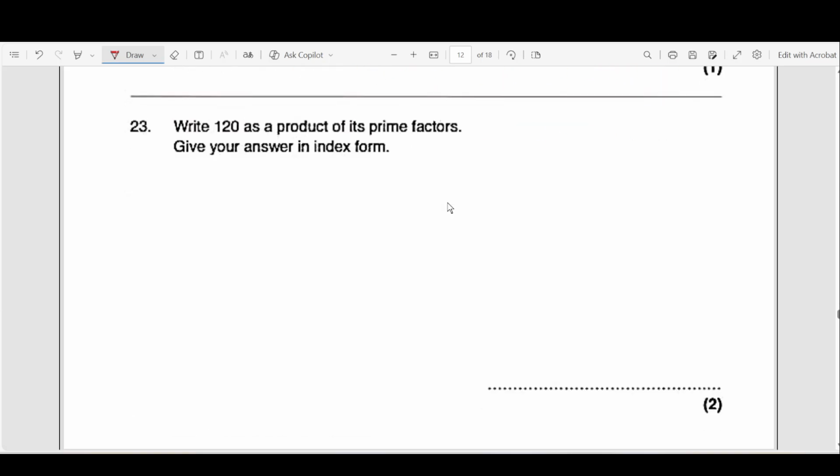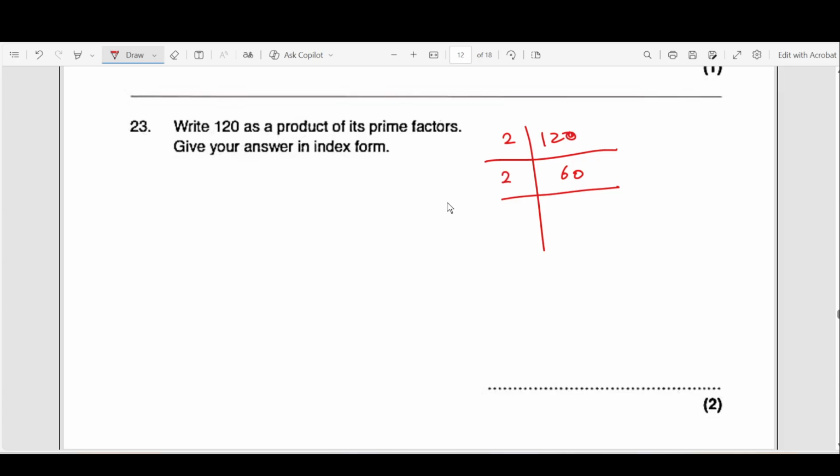Next is writing 120 as its prime factors. So we need to just divide it by prime numbers basically. Let's write 120. Because this is an even number, I can divide it by 2. So 12 divided by 2 is 6. Then we keep 0 as it is. Again, even number.